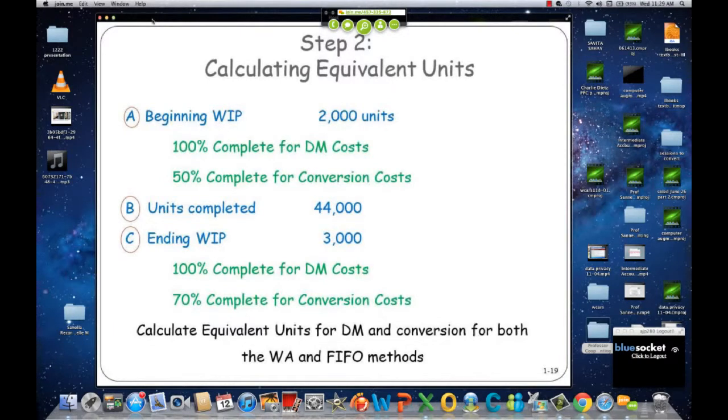And for labor and overhead, they're 70% complete. Let's go forward, and hopefully that will help. Okay, so we'll do the same example for weighted average and FIFO, and we'll take a break after weighted average.